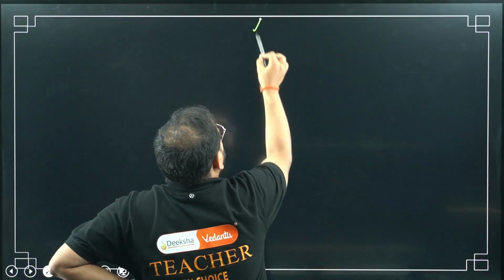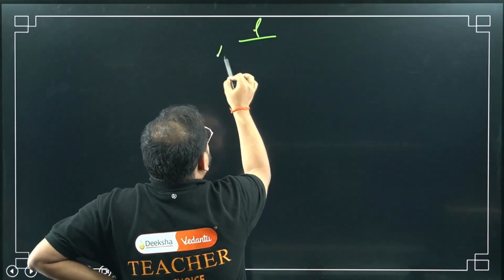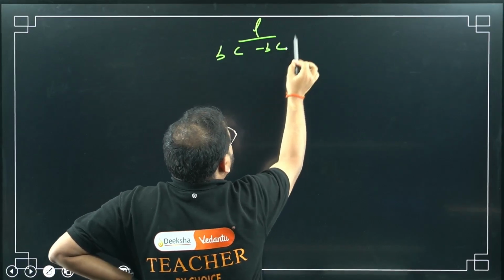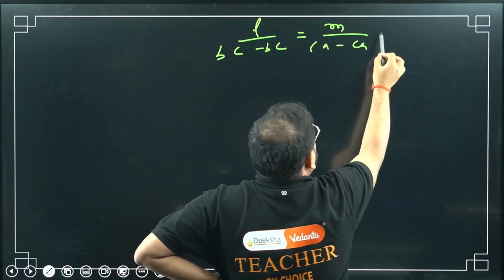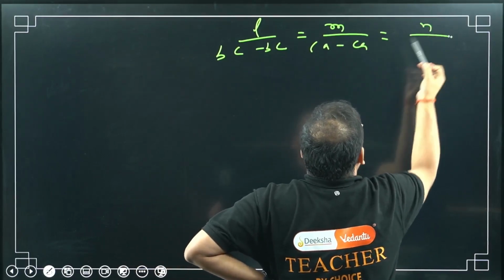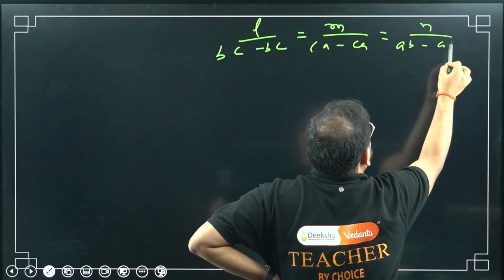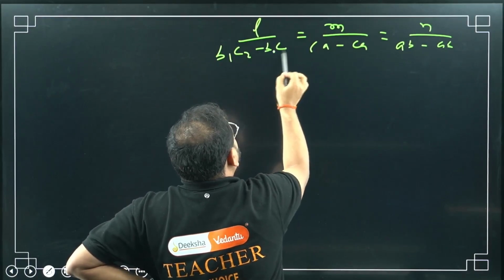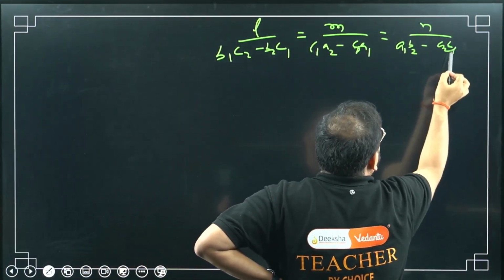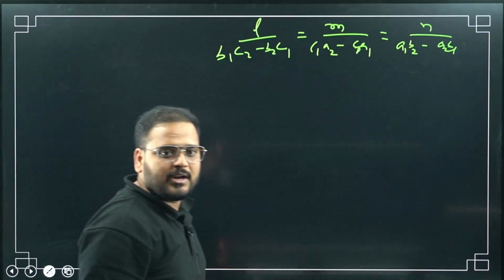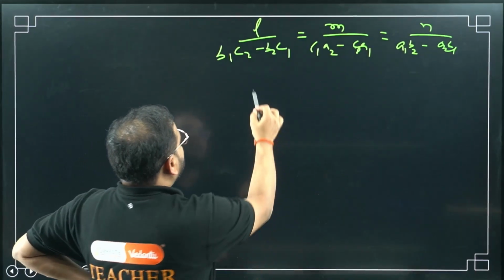L upon B1C2 minus B2C1, M upon C1A2 minus C2A1, N upon A1B2 minus A2B1. Clear? Right here, L again.